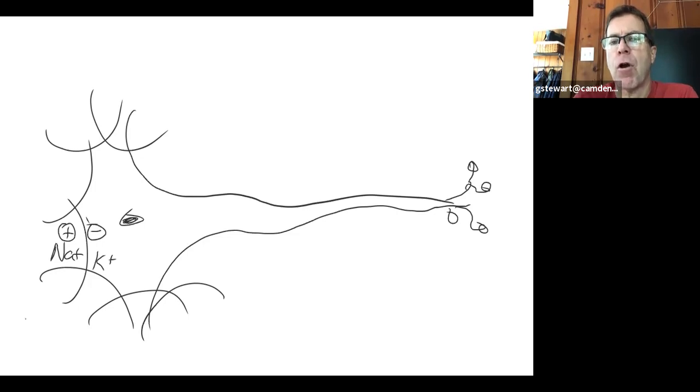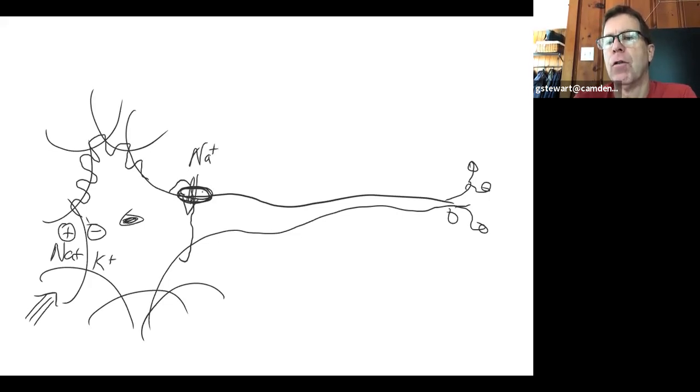If we give a strong enough graded potential that it depolarizes this membrane enough to reach this cell's threshold, large sodium channels open, sodium rushes in. We cause an action potential all the way down the cell that we can't stop.